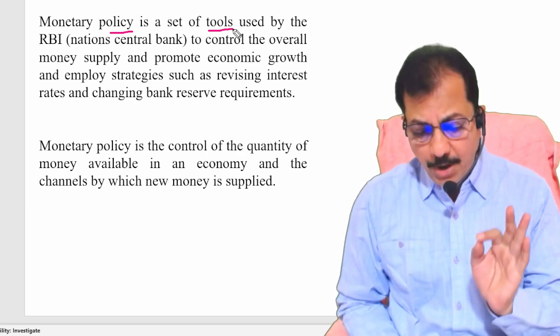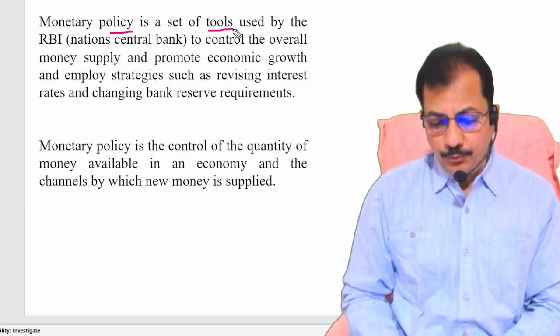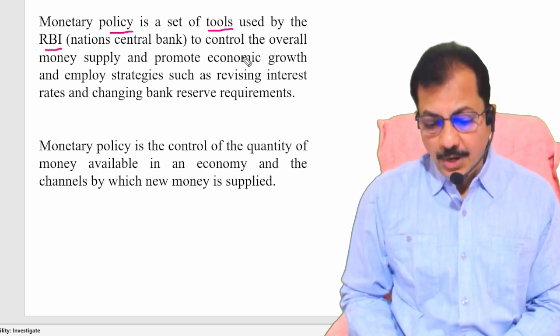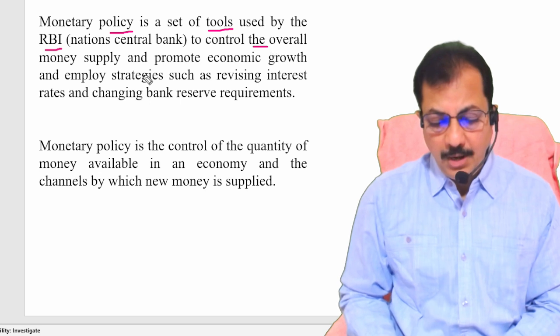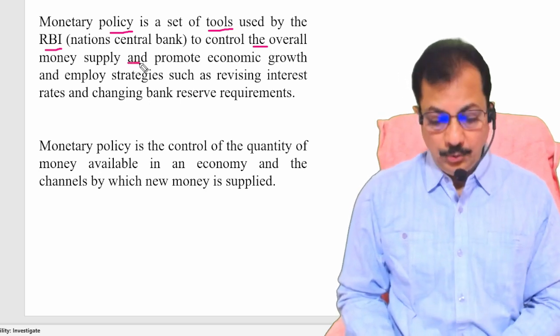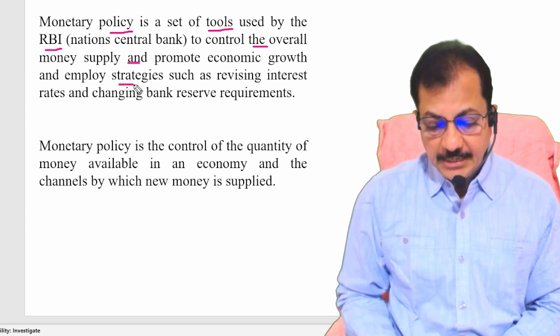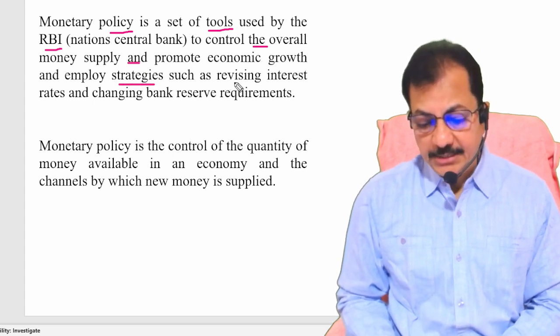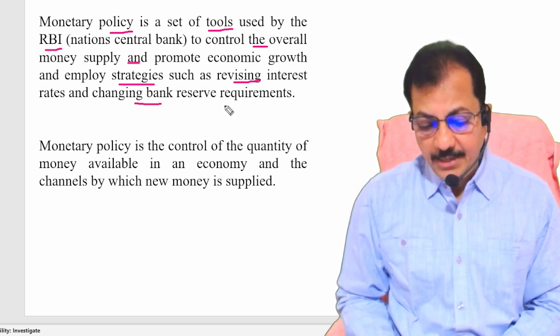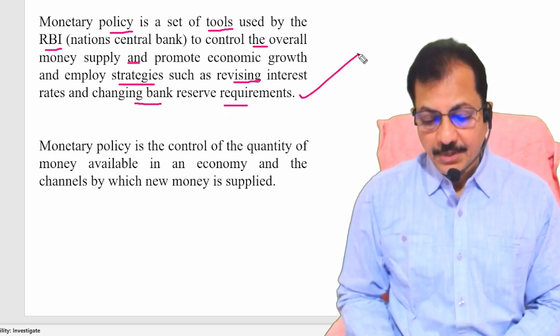Monetary policy is a set of tools used by RBI to control the overall money supply and promote economic growth, and employ strategies such as revising interest rates and changing banking reserve requirements.